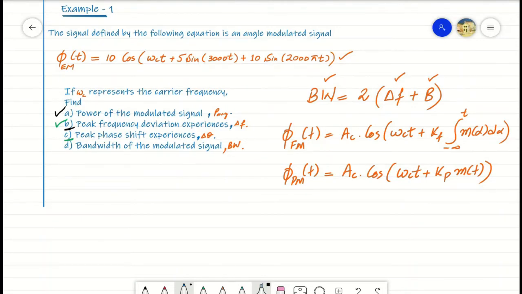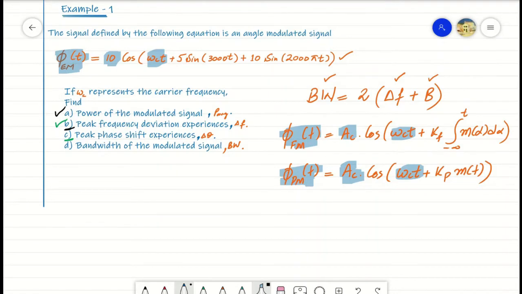So by comparing the expressions of frequency and phase modulated signals with the expression of this exponential modulated signal, AC, the peak amplitude, is represented by 10 here, and the running phase omega ct is represented by omega ct in both frequency and phase modulated signals.